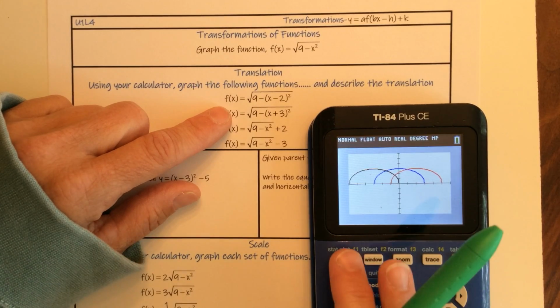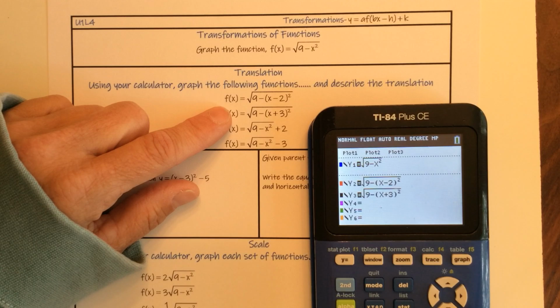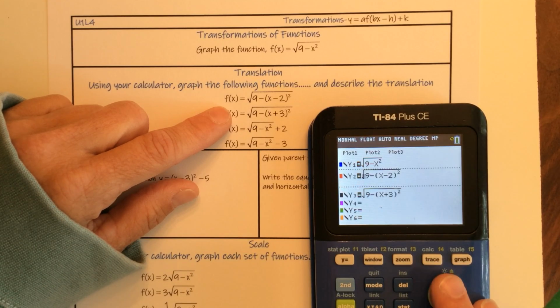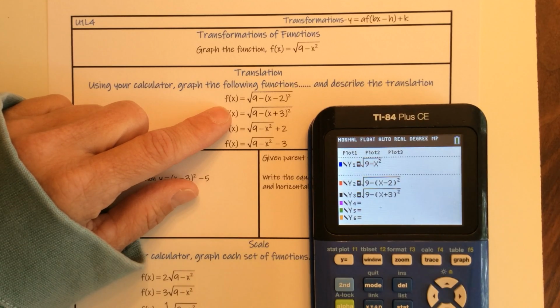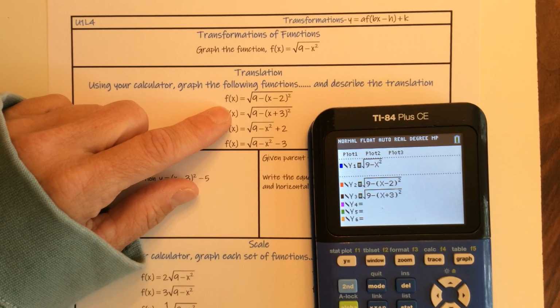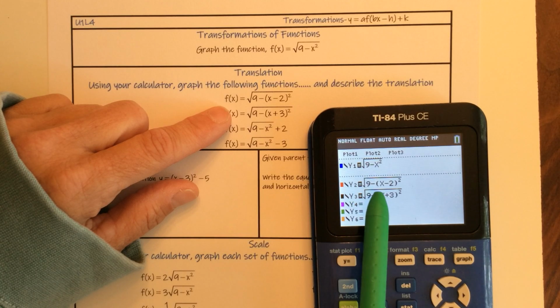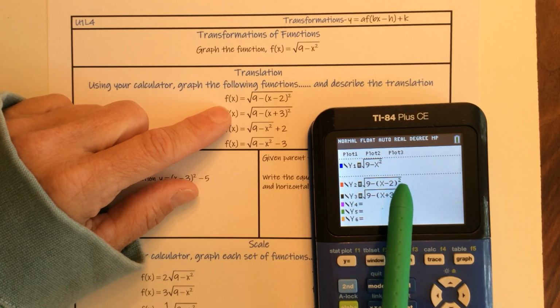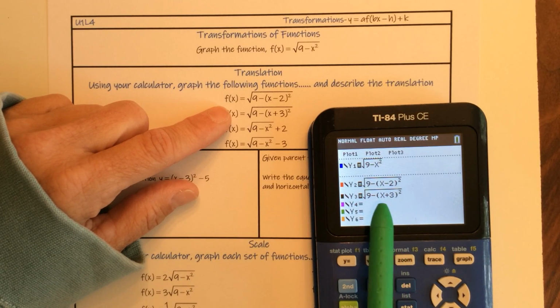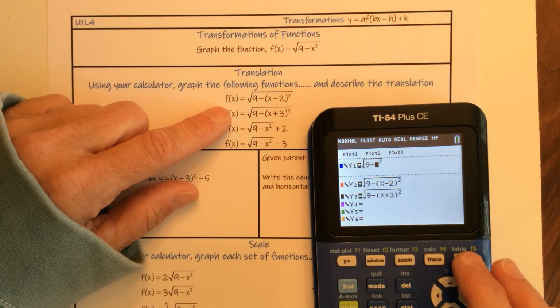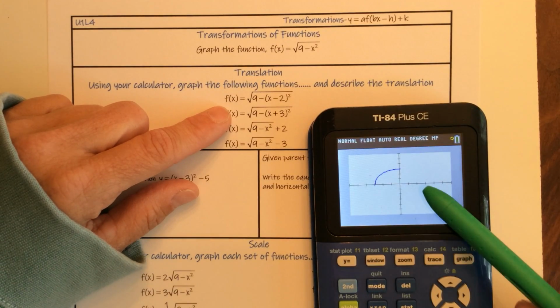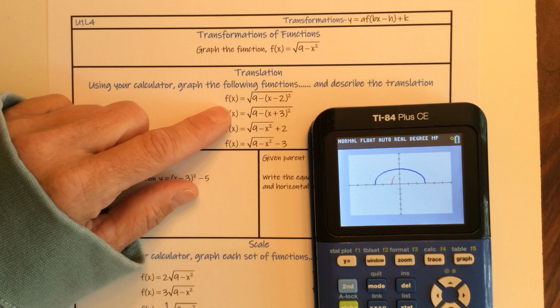Notice what's in y2: x minus 2 is squared. And in y3, we have x plus 3 is squared. I'll press graph. Here comes the original, and here comes y2.